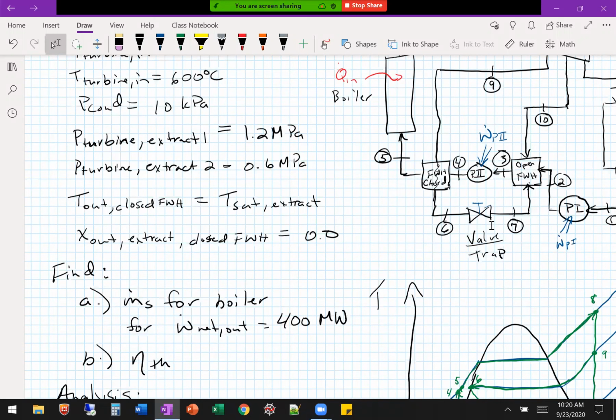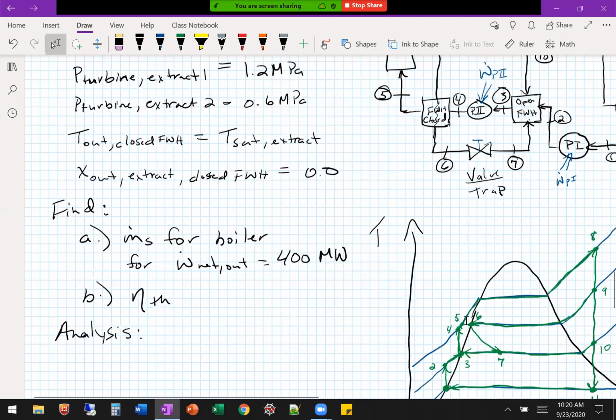Any of those valve problems where you're going from 6 to 7, you do your conservation of energy: there's no work, no heat, and you're neglecting kinetic and potential. So the only thing you have is the enthalpy being the same from 6 to 7. It's isenthalpic, so this is a constant enthalpy process, 6 to 7.